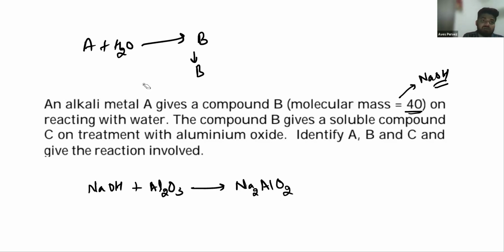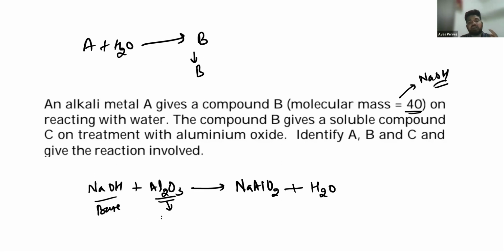Sodium aluminate has the formula NaAlO2. NaAlO2 plus water will be formed, because this is a base and this is a metal oxide, which is also basic in nature, but here it is showing acidic behavior. Some metal oxides show both acidic as well as basic behavior; they are called amphoteric oxides.